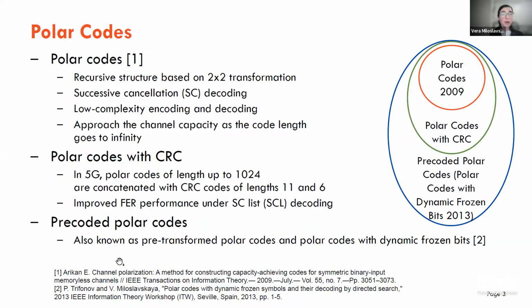Among precoded polar codes, it is possible to find codes that have a lower decoding error probability because of the additional flexibility of this code construction. Originally, they were proposed in 2013 under the name polar codes with dynamic frozen bits.